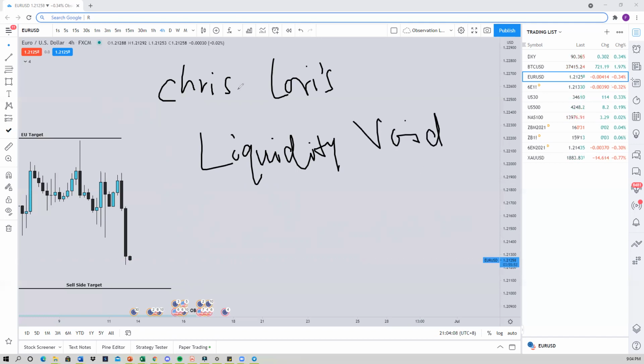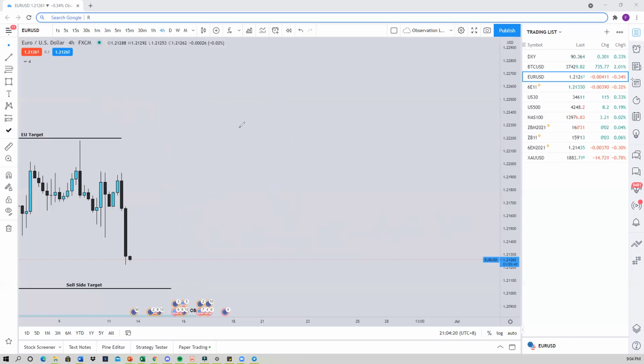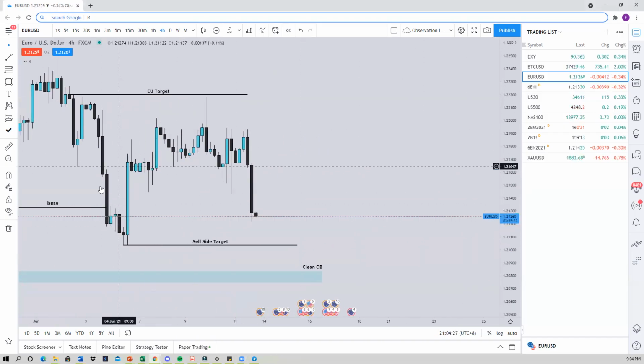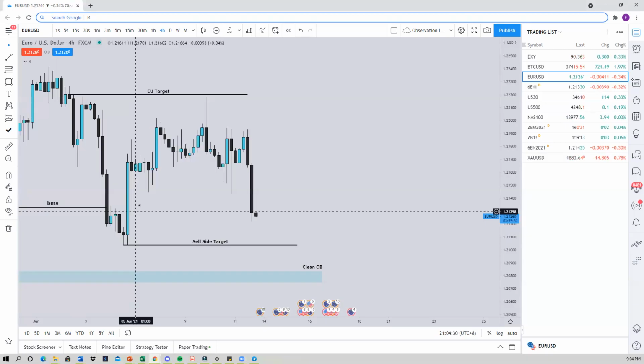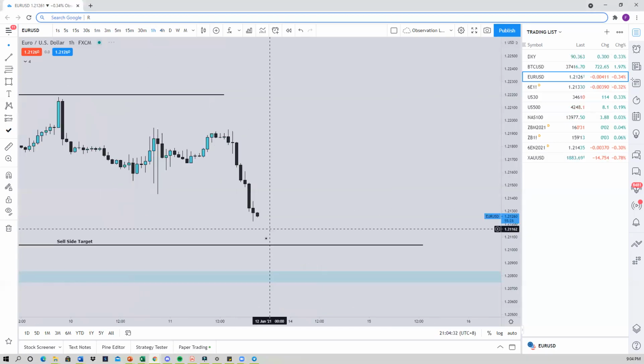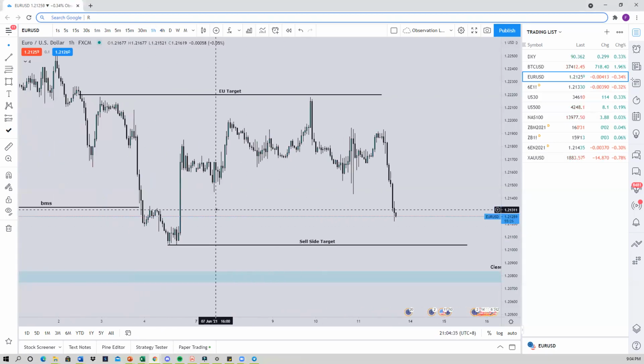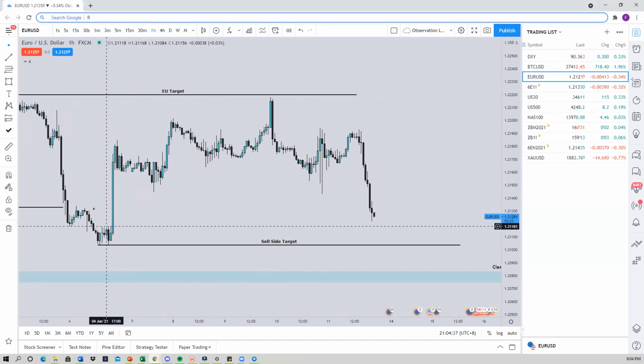Now with this liquidity void, given by its name, we can at once say that there's something missing inside of it, right? So once we know that, we need to ask ourselves, what is missing? If you look at this from, let's say, over here, the swing high that we can find on the lower time frame, here, here, this entire thing is a liquidity void.